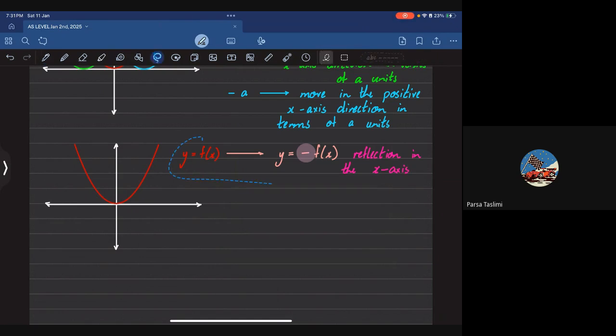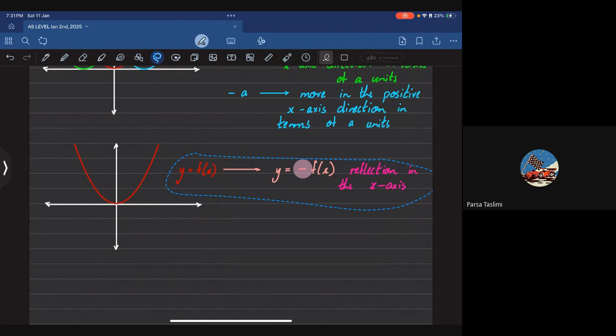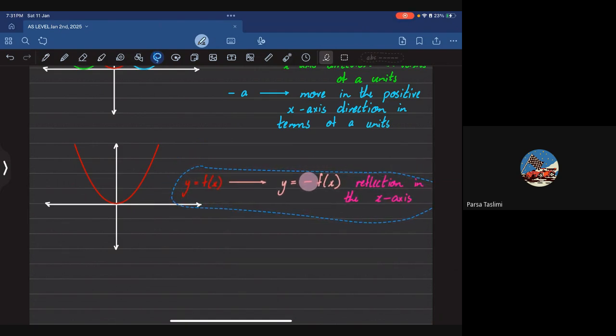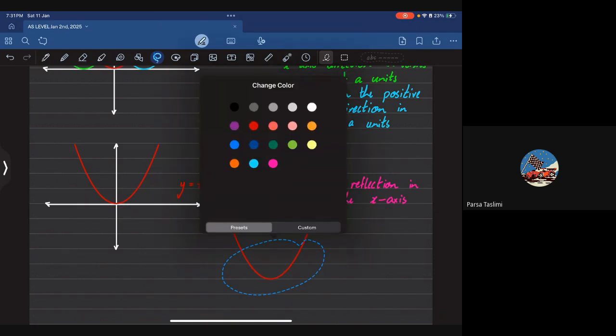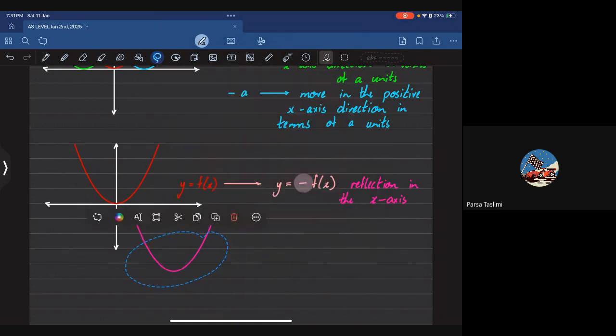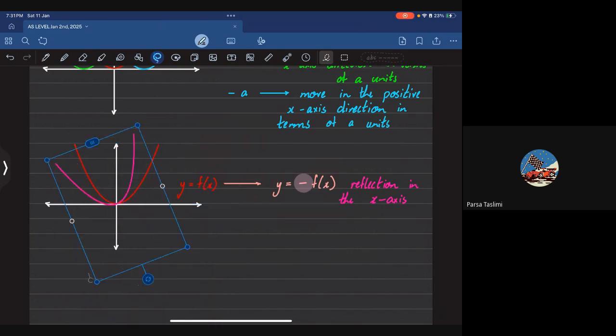Let's see. Let me bring this down a bit. Let me write this down. Okay, I need it right here, and then I just need to reflect it completely.